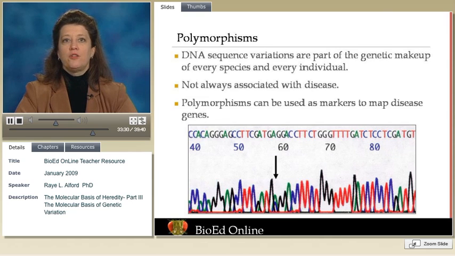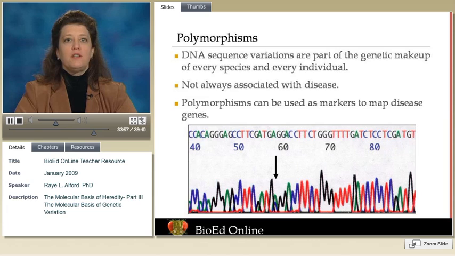The slide shows an electropherogram generated by automated fluorescent DNA sequencing of a segment of DNA. The arrow shows a nucleotide substitution in one of the two copies of this gene in this individual. One copy of the gene carries an A nucleotide, indicated by the green peak, while the other allele carries a C nucleotide, indicated by the blue peak.